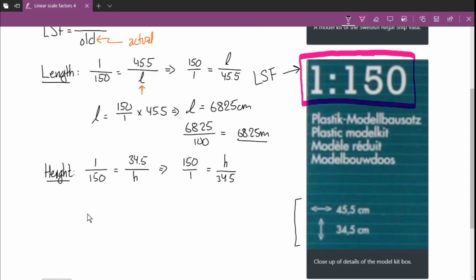Multiply both sides by 34.5. And that's going to give us a height of 5,875.